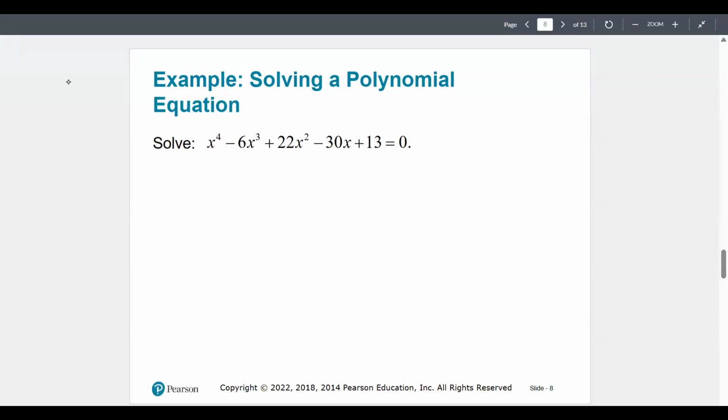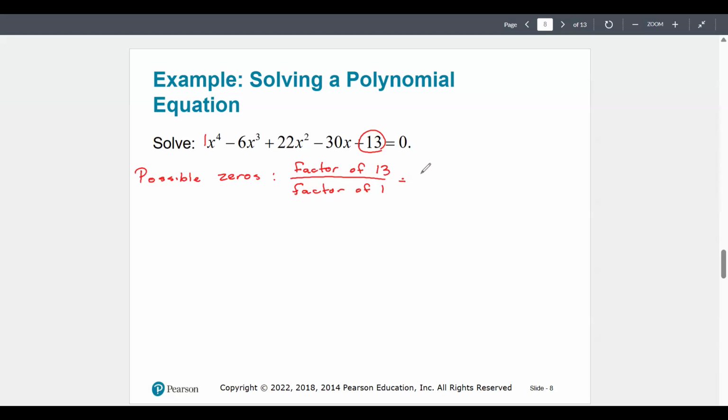So let's look for our possible zeros. We need factors of 13 and factors of 1. So this is going to be pretty easy.